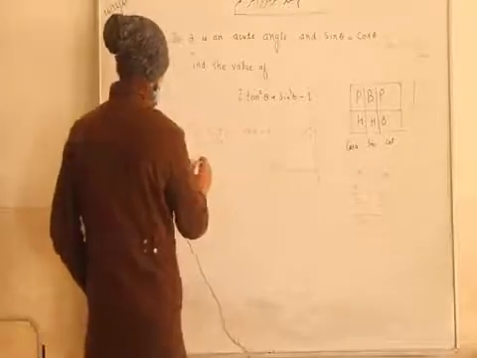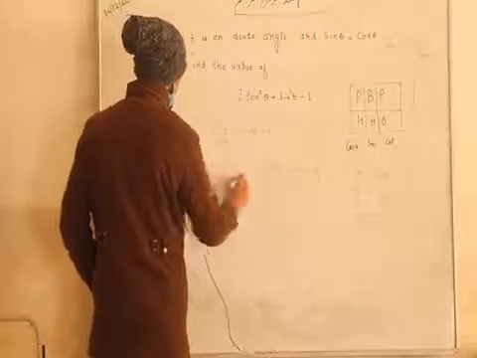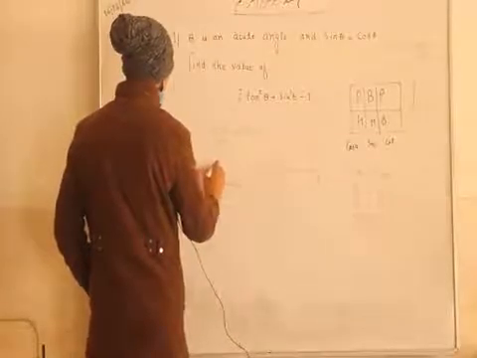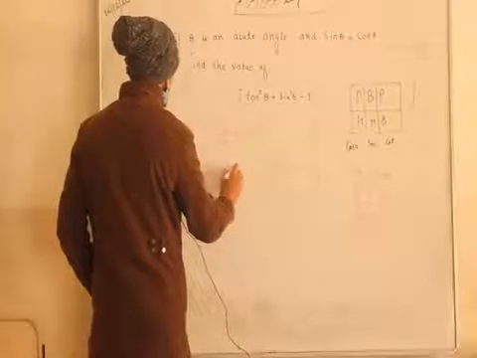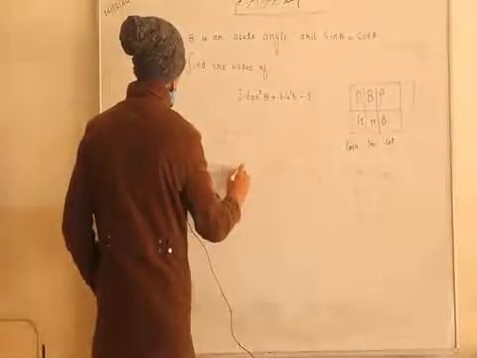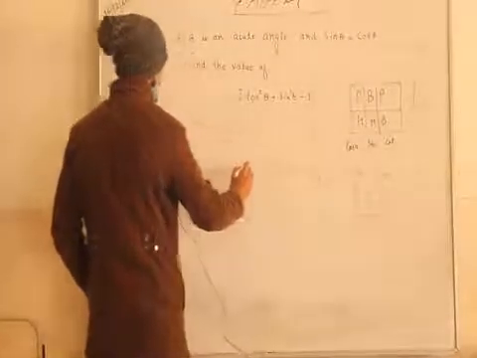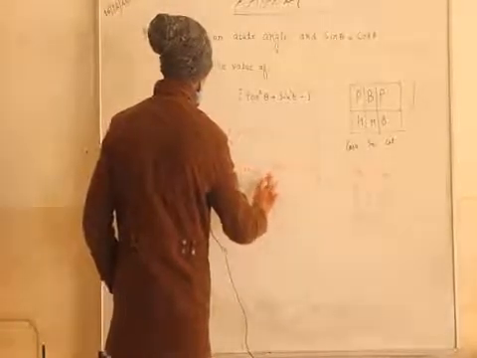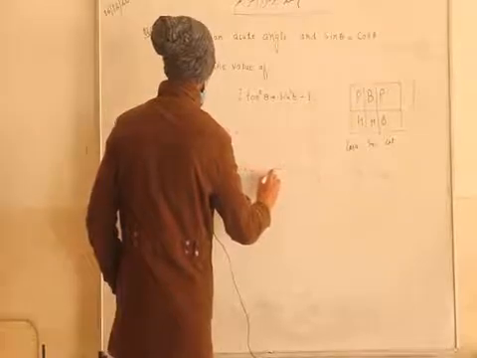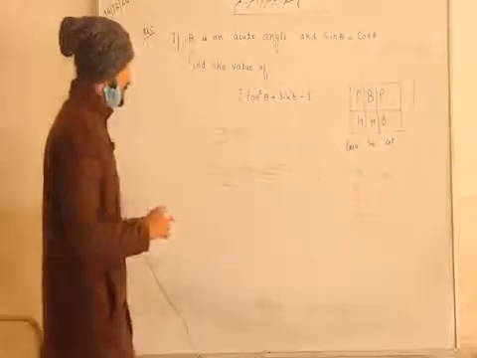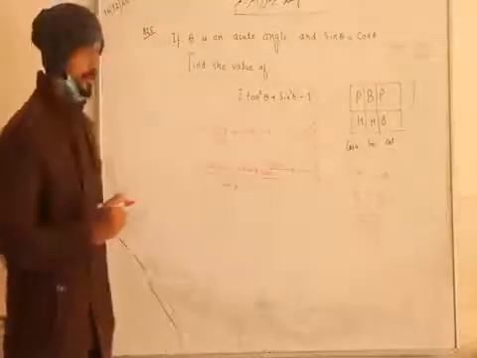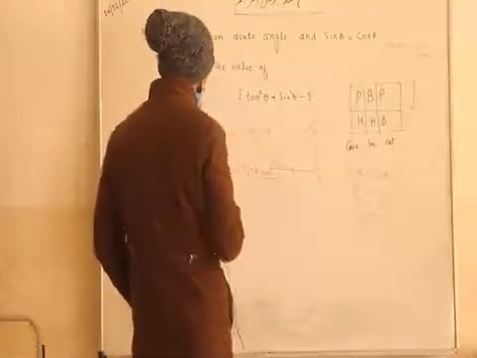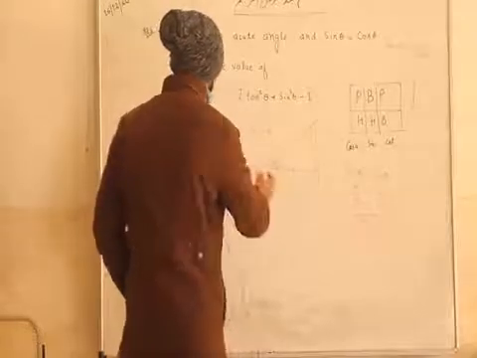So you can take the LCM: cos square theta, 2 sin square theta plus sin square theta cos square theta minus cos square theta. Okay, so this will be the equation. Like this also we can solve, but it will take too much time.